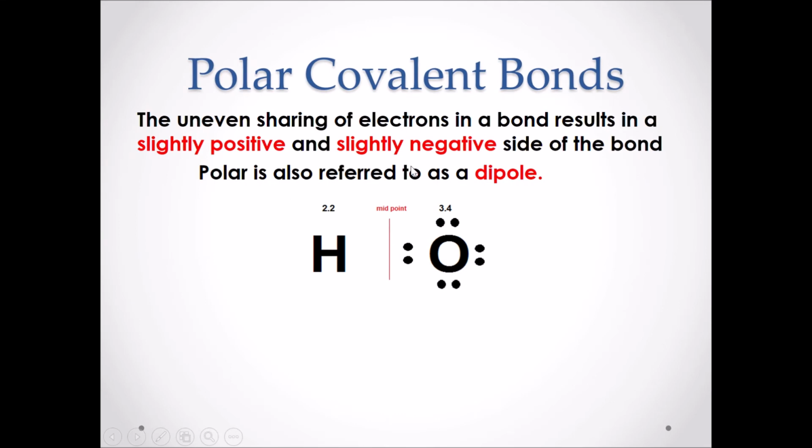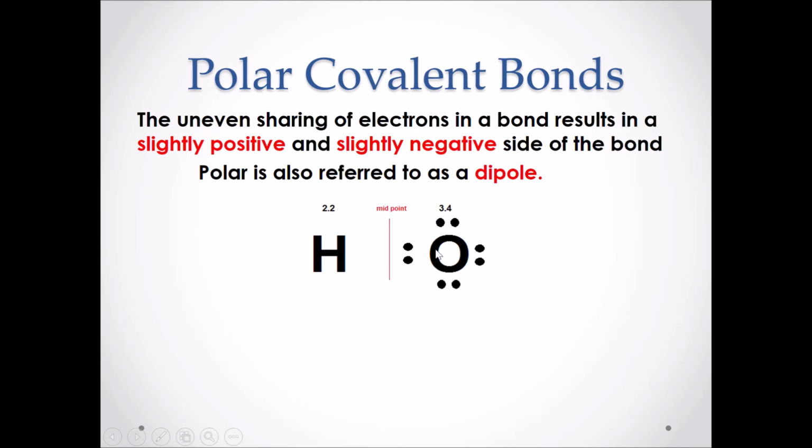The uneven sharing of electrons in a bond results in a slightly positive and slightly negative side of the bond. If we look at this example, we can see a bond between hydrogen and oxygen. Oxygen has a higher electronegativity when compared to hydrogen. Therefore, these electrons will be pulled closer towards oxygen's nucleus. They will not be at the midpoint of the bond.